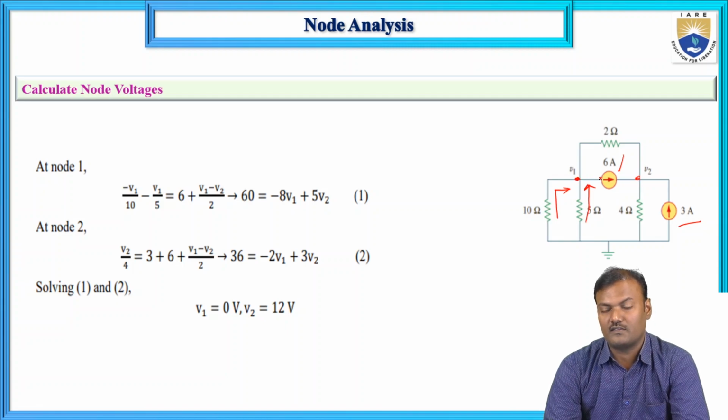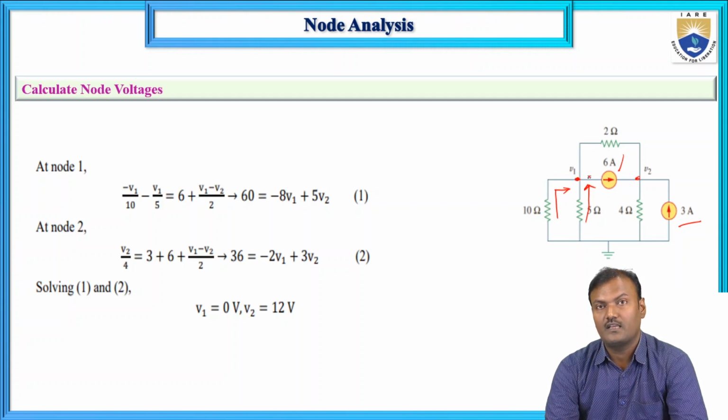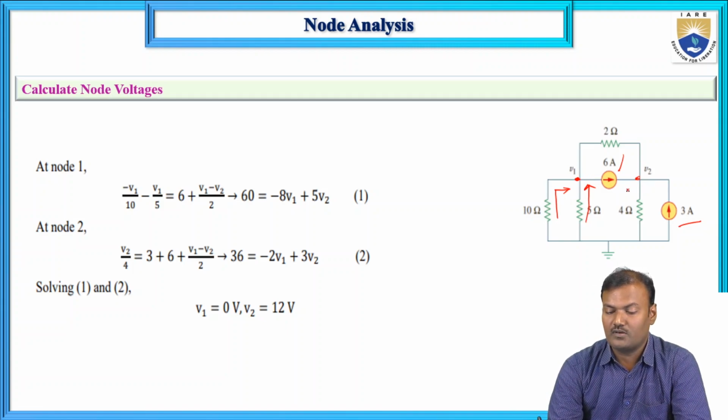This is our assumption. Based on our assumption, we are writing the KCL equations: the sum of the entering currents is equal to the sum of the two currents leaving.